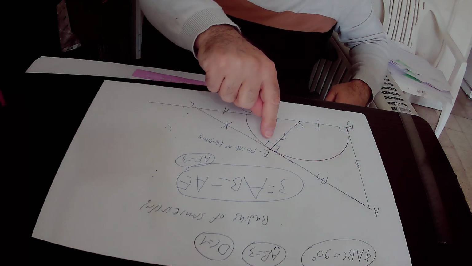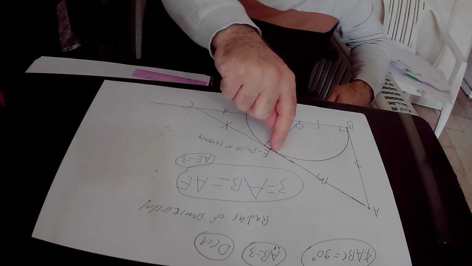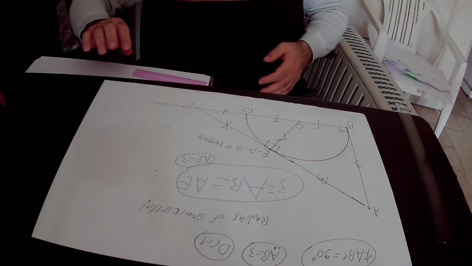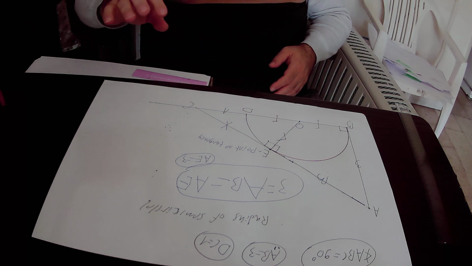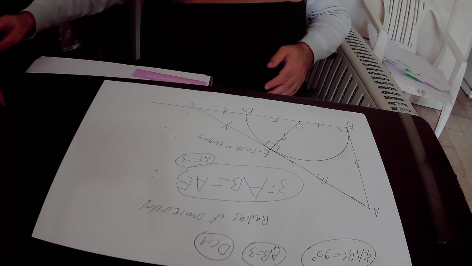That is to say, this angle equals 90 degrees and this angle also equals 90 degrees. Okay, this is the implementation of rule number 2 in our drawing.